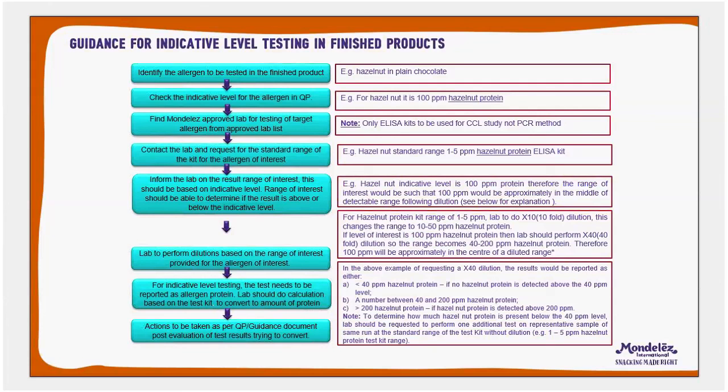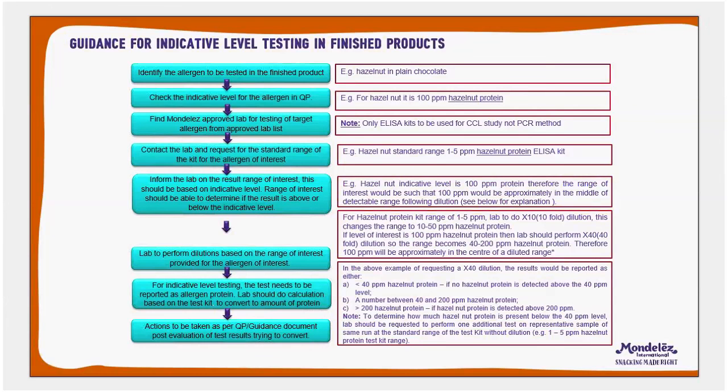The lab will then perform the dilutions based upon the range of interest, and then we need to absolutely be sure that they are going to report the results in the total allergen protein. Okay, and then there will be actions based on, as we saw in the previous slide. So in these examples, we're likely to get 3 types of results coming back if they've done a 40-fold dilution for hazelnut protein.